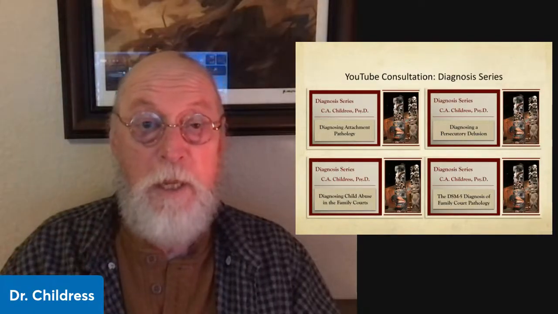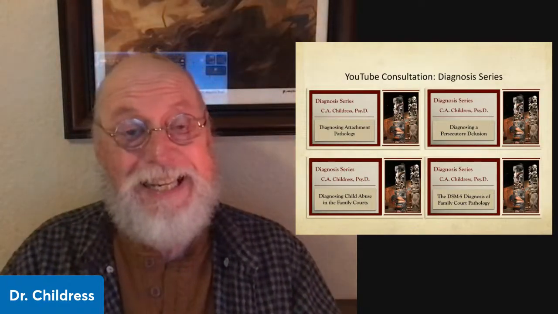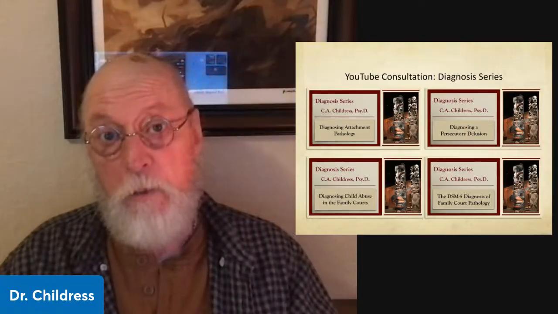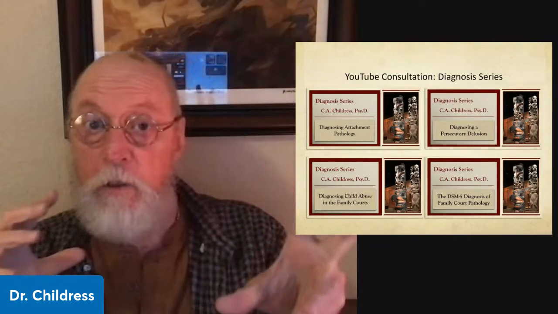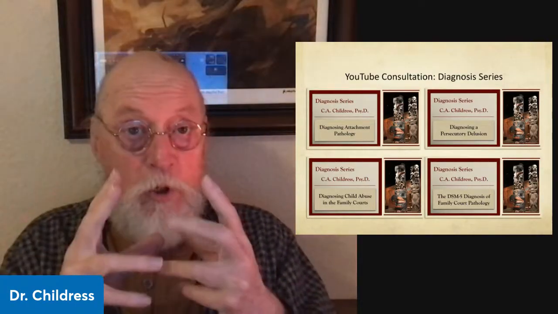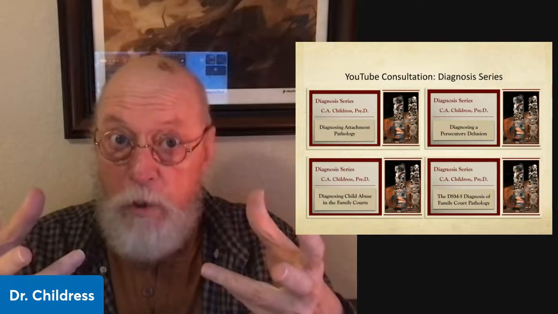We just need answers to those questions. Is it child abuse by the targeted parent, or is it child abuse by the allied parent? Because if I've got a child seeking to flee from a parent, rejecting a parent, that's child abuse by one parent or the other.